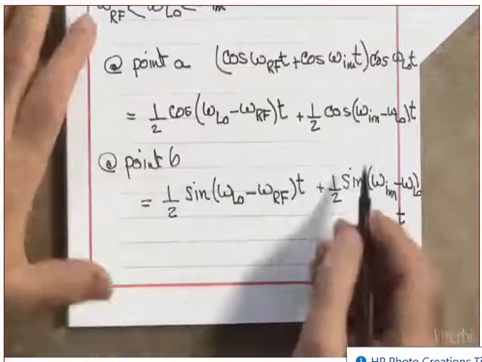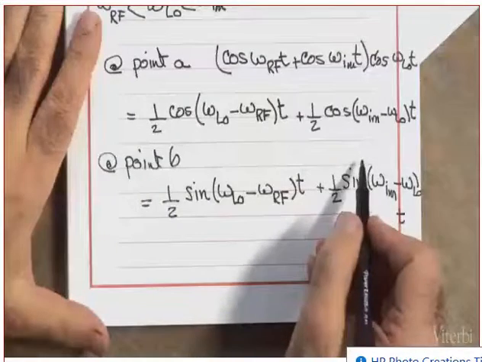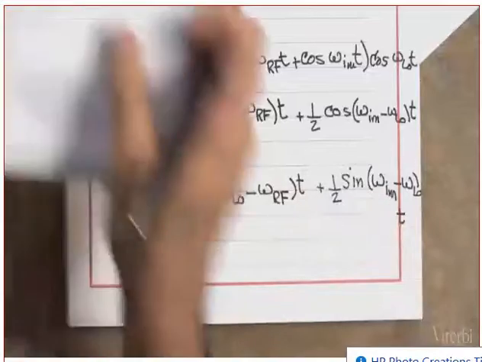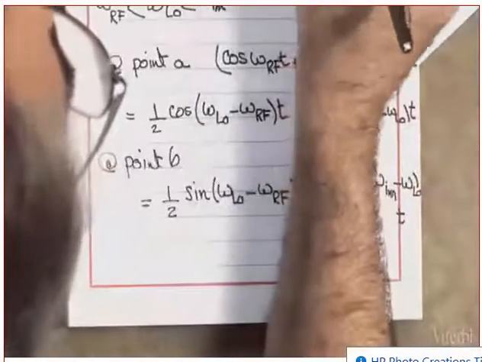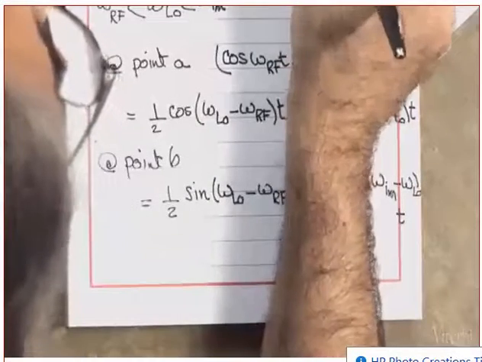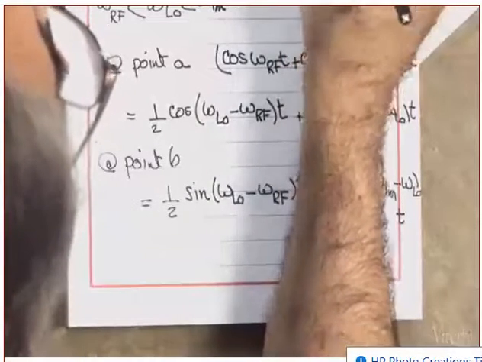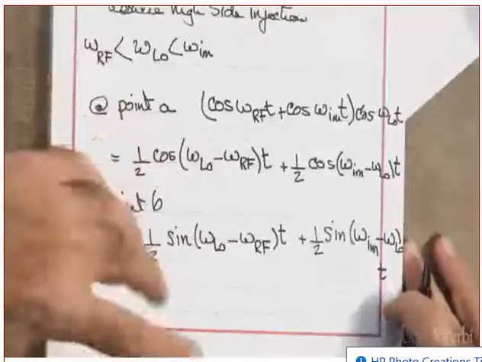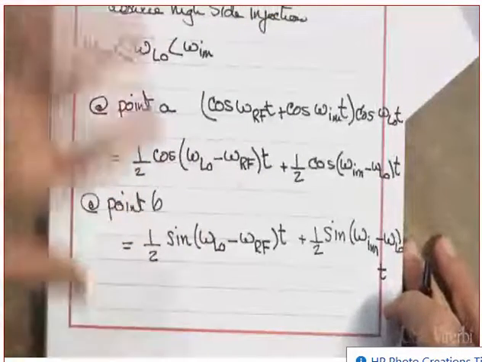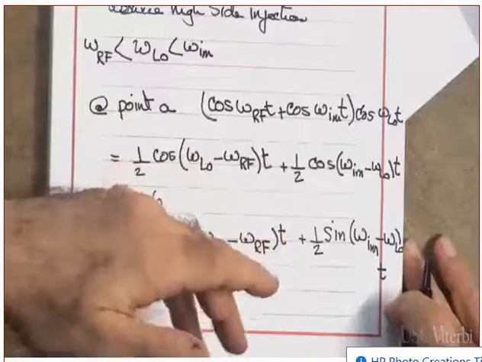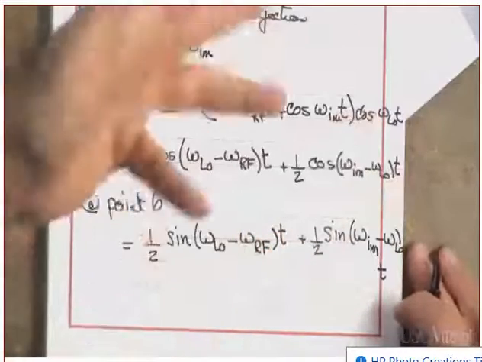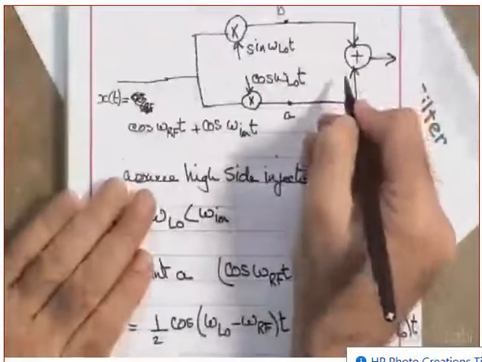What will happen is that one of them will become... And when you add the output, you will see that the desired will add up, and the image will subtract. I'm not sure if this is minus or plus.